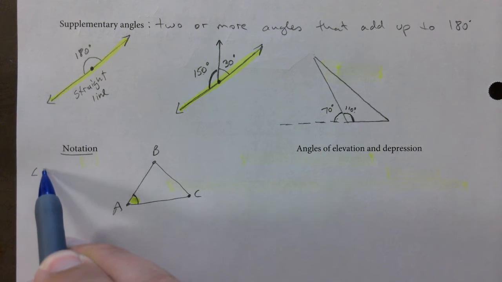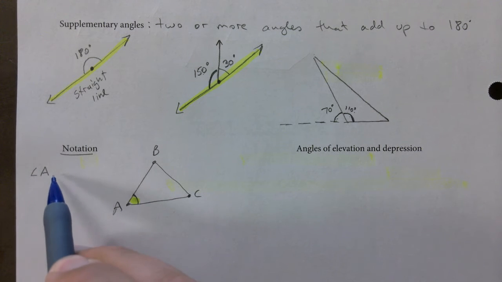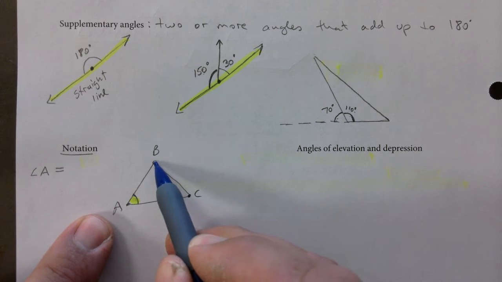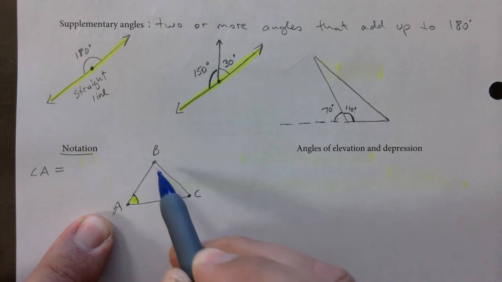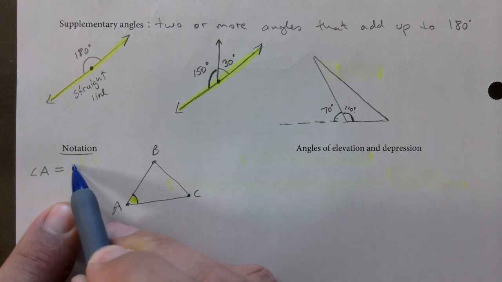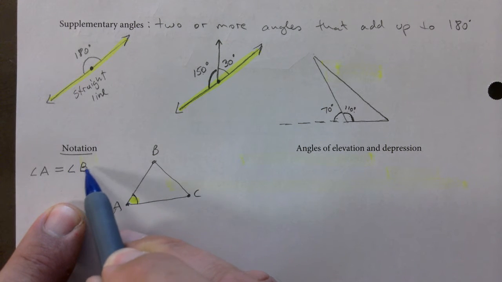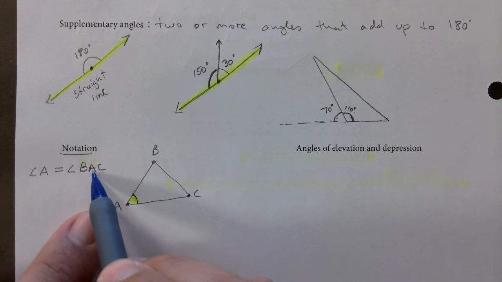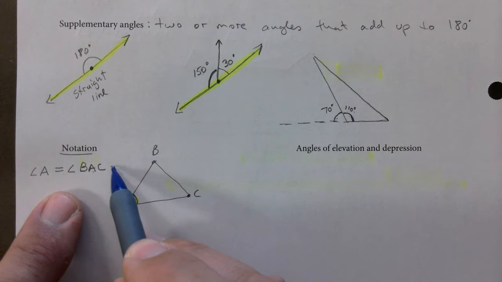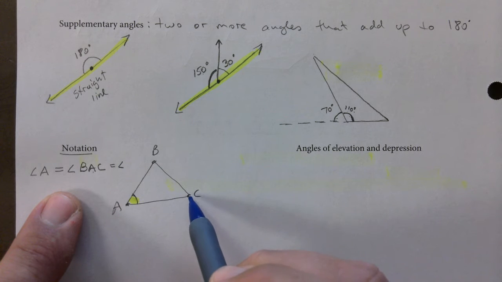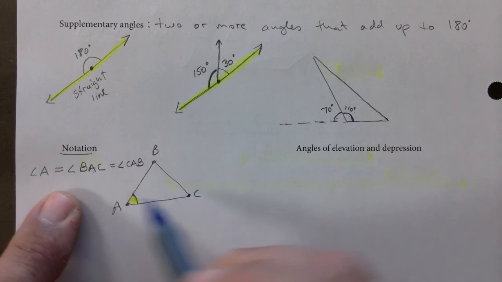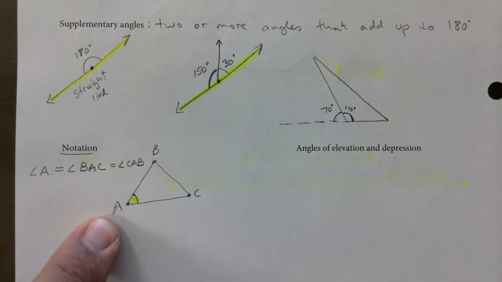So you could say angle A, or you could say angle BAC, the three-letter notation, which a lot of us do not like, right? BAC. So you go angle symbol, BAC. As long as A is in the middle, it doesn't matter. So another one would be, if you started from this side, CAB. All three of these are talking about that angle right there.